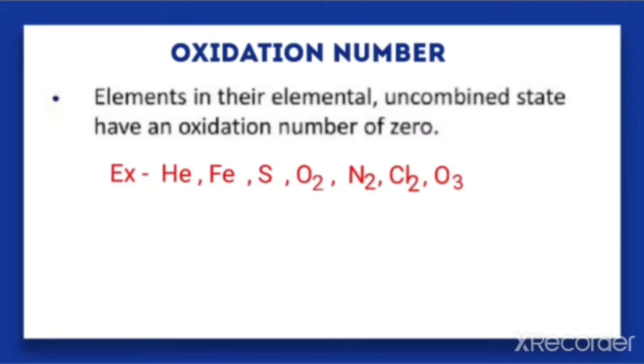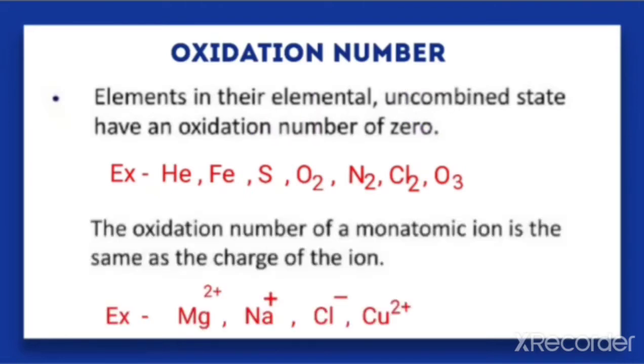That is the first point. Second point: the oxidation number of a monoatomic ion is the same as the charge of the ion. That means for a monoatomic ion, like the magnesium ion, what is the charge on the magnesium ion?